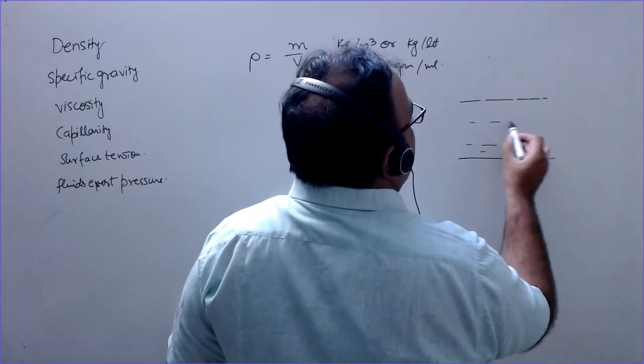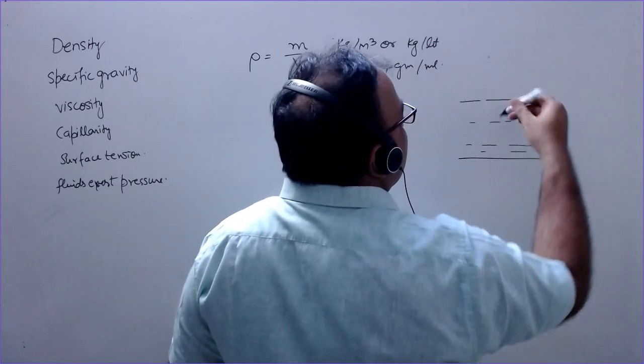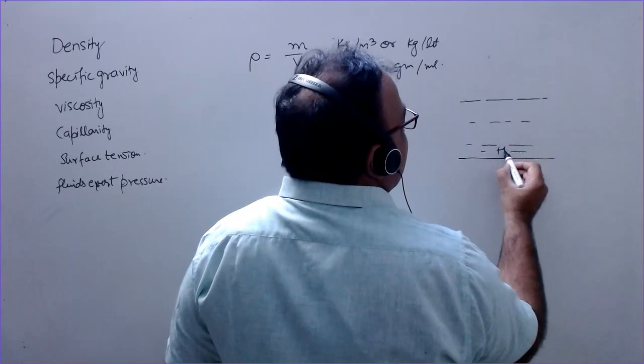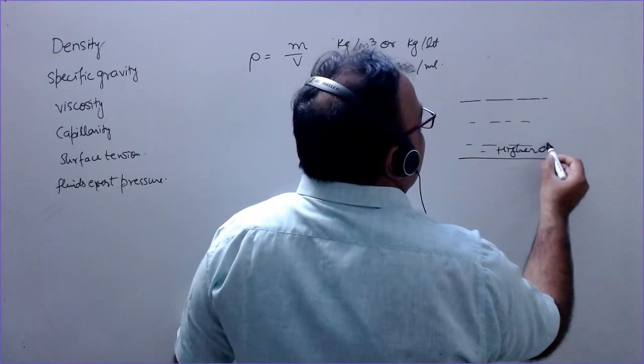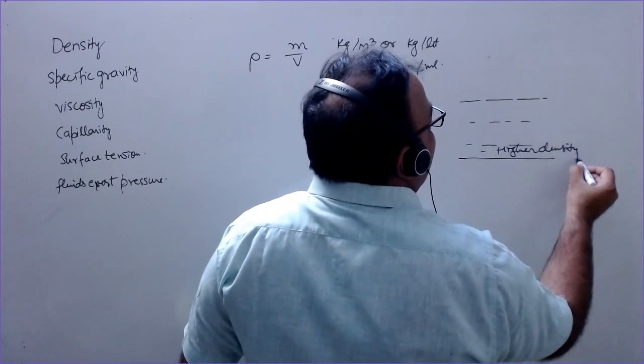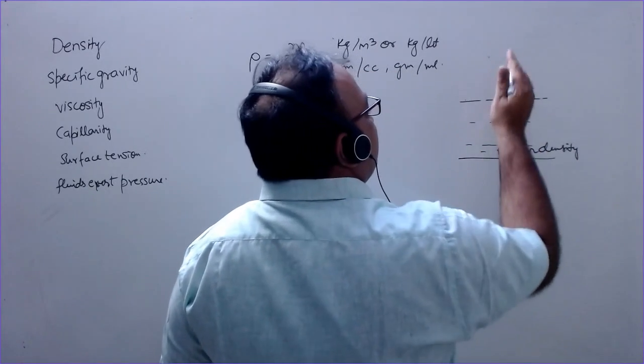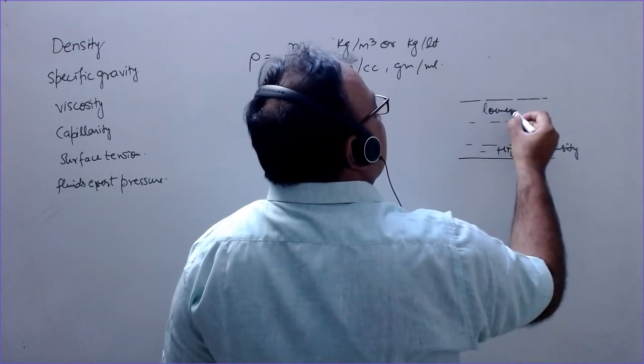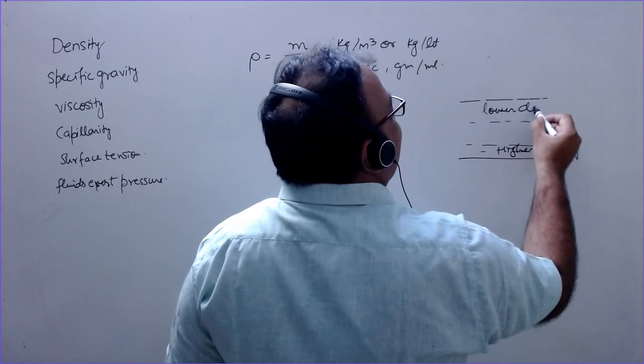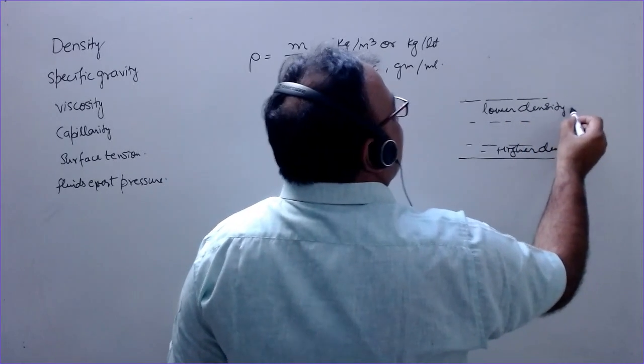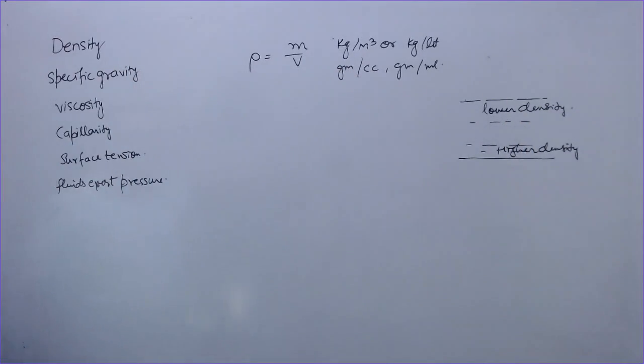As a result, the density here is higher as compared to the density of the fluid near the surface, which has lower density. So the density increases because the pressure is increasing with the depth. As we move down, the pressure increases with the depth, which causes the density to increase.